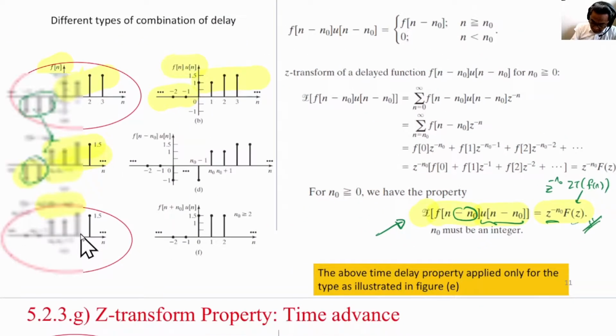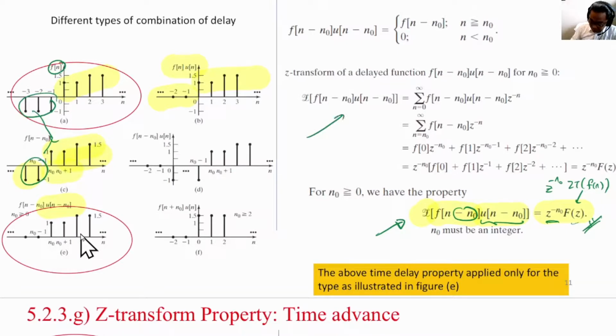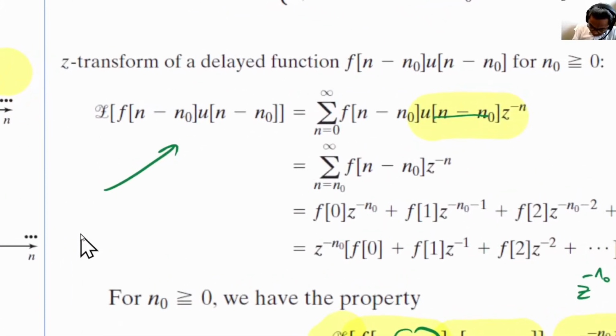For the proof, you can take a look at this equation over here. The idea is simple. You look at the u[n - n0], and you change the index of the unilateral Z-transform to start from n0, and we have n minus n0.